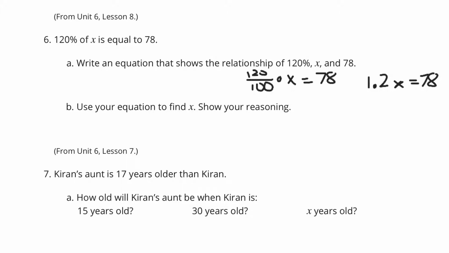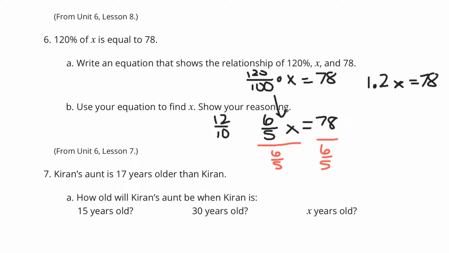Now, if I simplify my 120 over 100, first off, that's 12 over 10, which also simplifies into 6 over 5 times x equals 78. And when I have that, now when I divide by 6/5 on both sides, what I have here is 78 divided by 6/5.